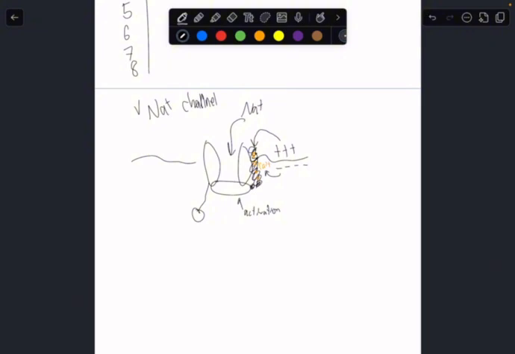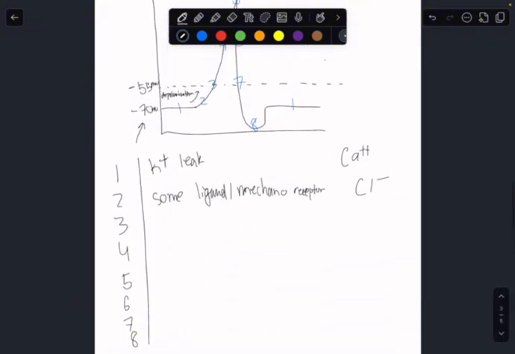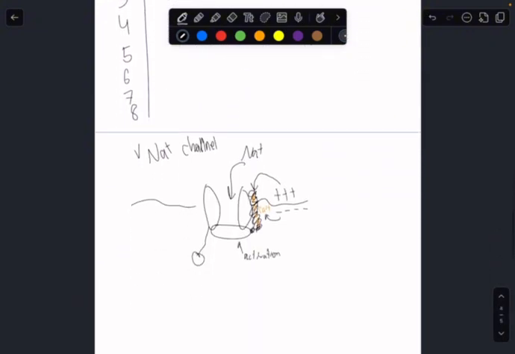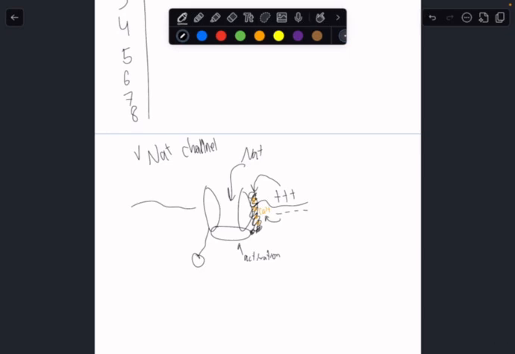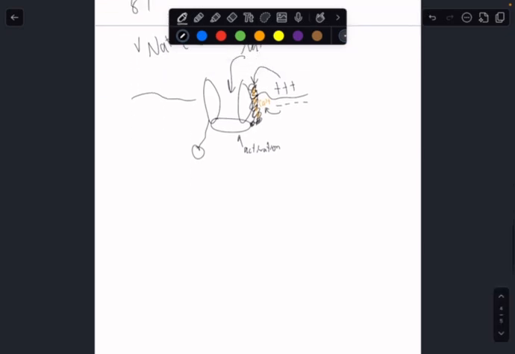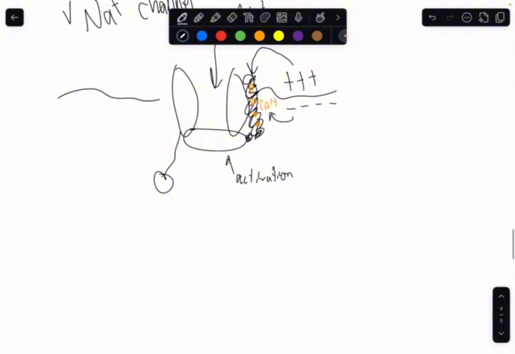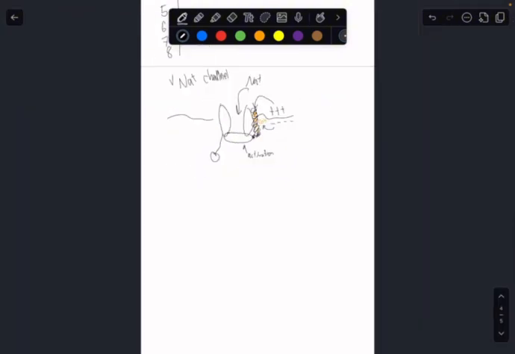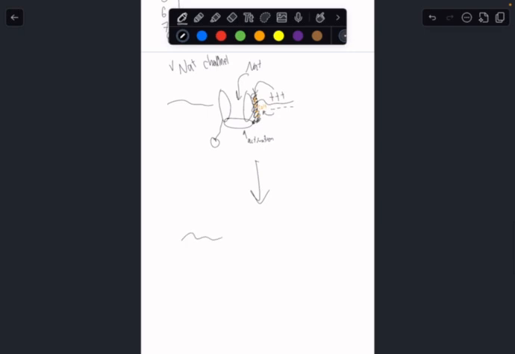Well, because in step 2, some ligand or mechanoreceptors are allowing movement of different ions to make the cell more positive. It ends up going down to a phase kind of like this. Ends up doing this. So you get your receptor right here. And then you get this. So it starts to get more positive on the inside of the cell.